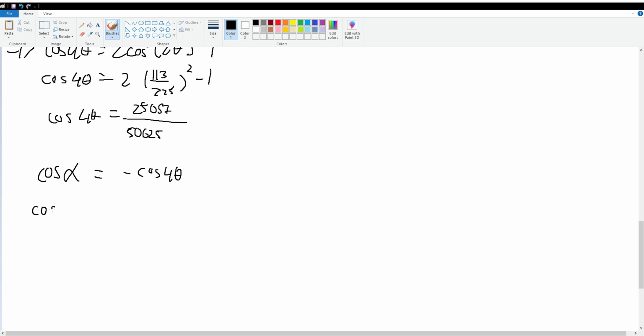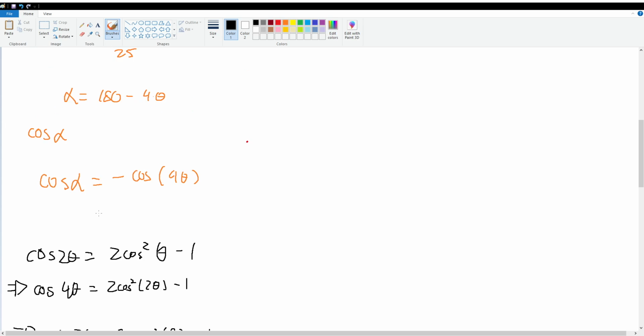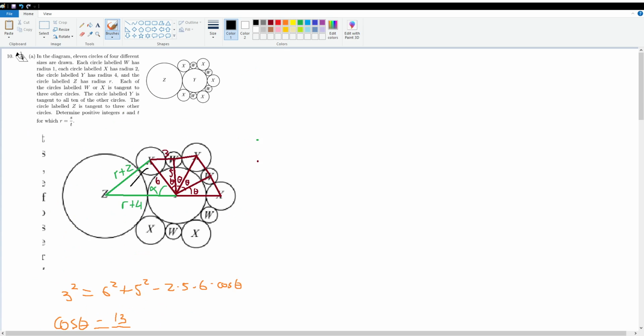And then cosine of alpha would equal positive 25087 over 50625. And now that we have cosine of alpha, let's just use this triangle right here to form a cosine law equation. So let's just draw this out.